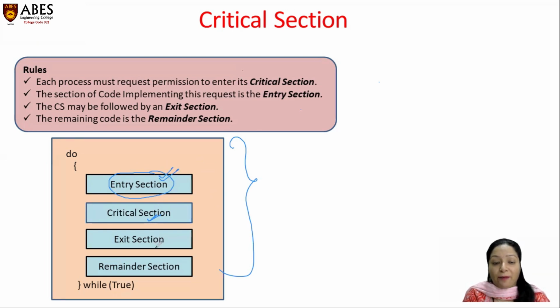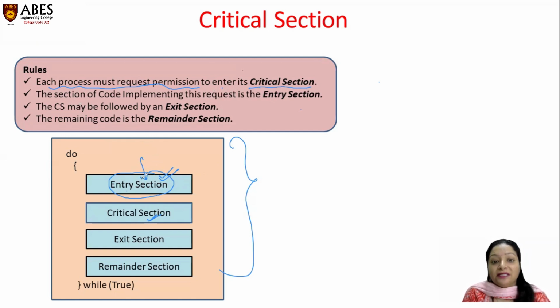Basically, it is program code. The entry section code is written in such a way that through it, each process can request permission to enter its critical section. Whenever a process wants to access the critical section, it first needs to execute the entry section, where it will get the permission to enter.